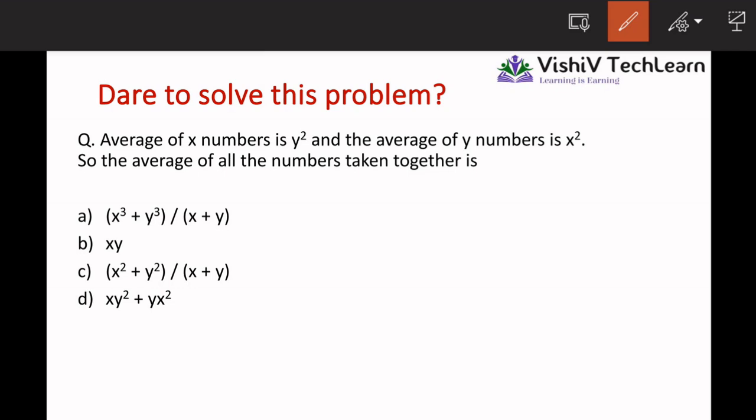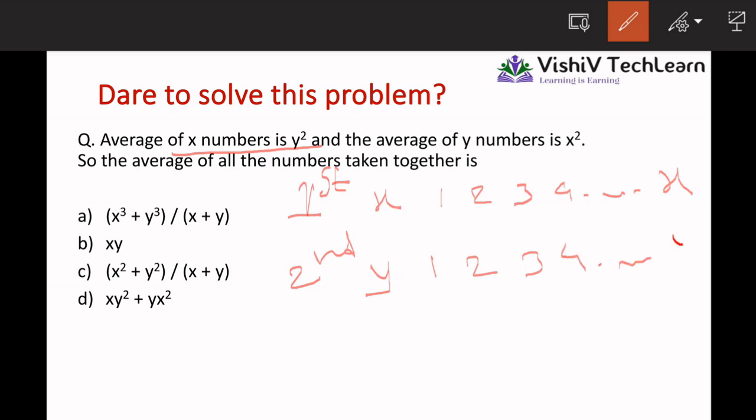In the first group, the average of x numbers is given as y square. So in the first group we have x numbers, which may be 1, 2, 3, 4 and so on till x. And in the second group we have y numbers, which may also be 1, 2, 3, 4 till y.